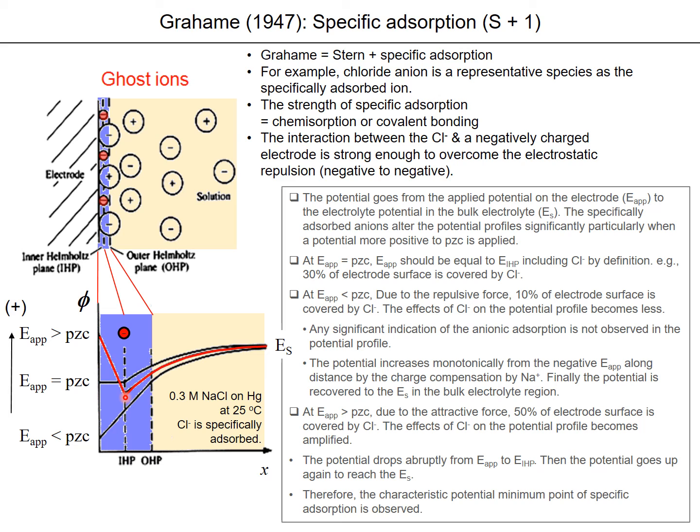Then you could distinguish this situation from others like PZC or negative potential less than PZC. Then this kind of potential profile, if you can obtain it, is the characteristics of the specific adsorption.